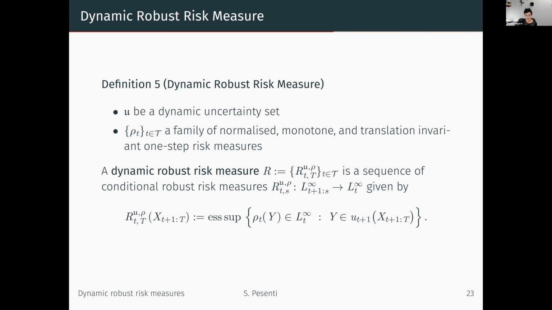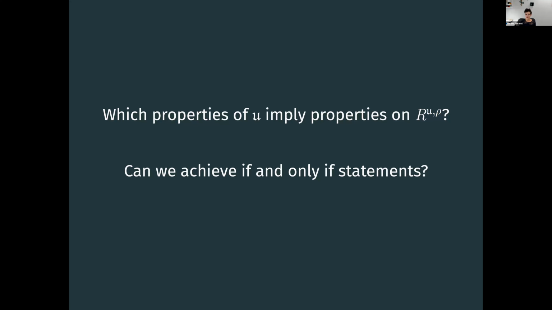And then what you could ask is, what are properties on my uncertainty set such that my risk measure has some sort of properties? For example, if I started with a coherent dynamic risk measure and now add uncertainty, am I still within the class of dynamic risk measures that are coherent?